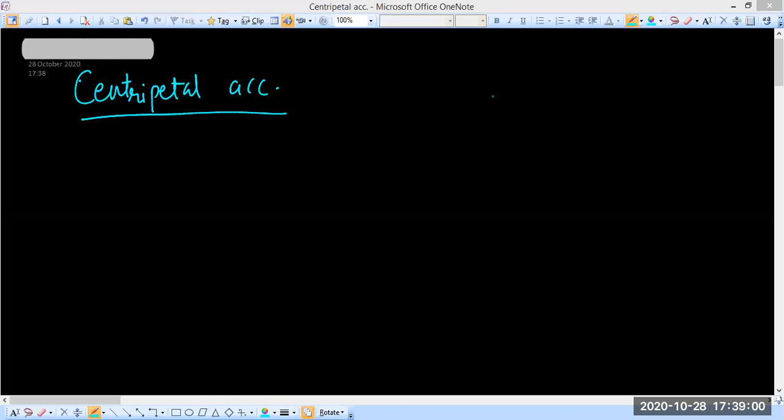More details will come in chapter 7 about what you said. Okay, so what is centripetal? First of all, acceleration તો તમને ખબર છે, right? But what is the meaning of centripetal? Anyone ideas about it? Centripetal?